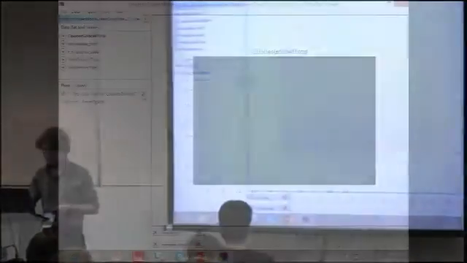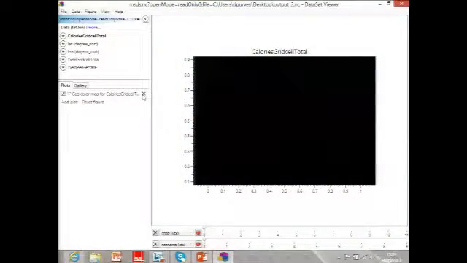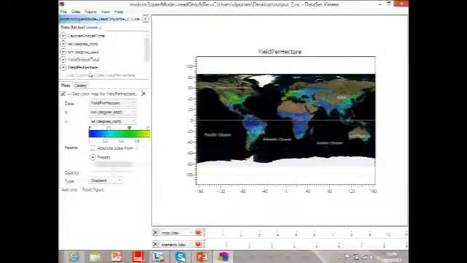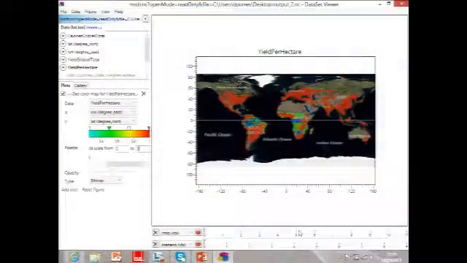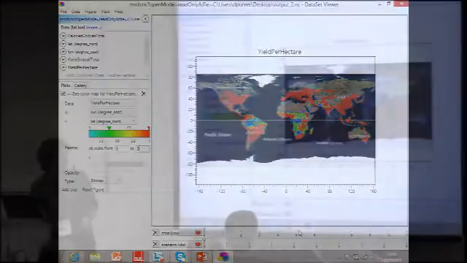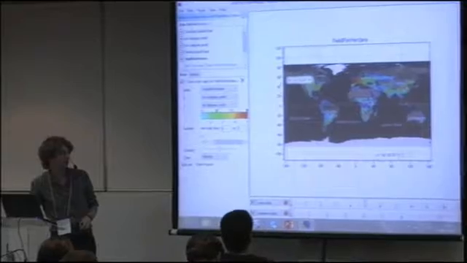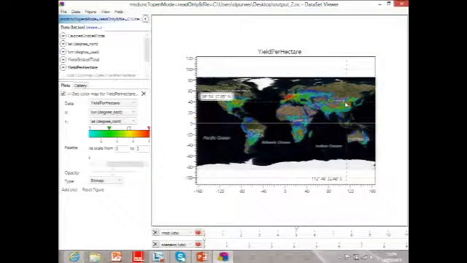In this little tool, we can look at the potential yield of wheat across the world and how that might change in a climate change scenario. Crop 5 here is wheat. When we run the model, we capture the fact that wheat yields are highest in Europe, and they're also high in China and Eastern North America.